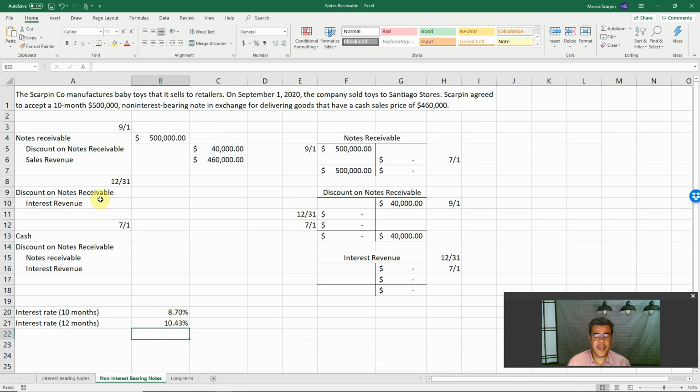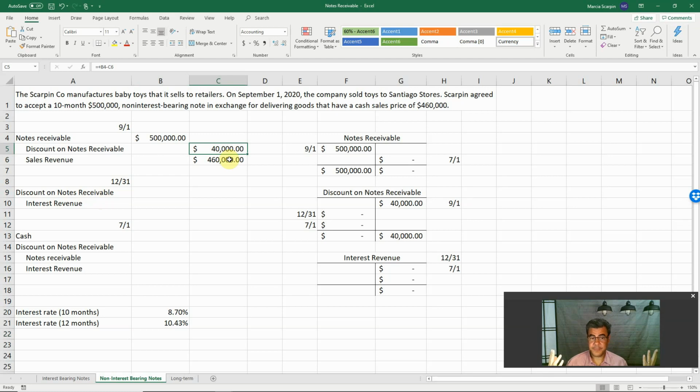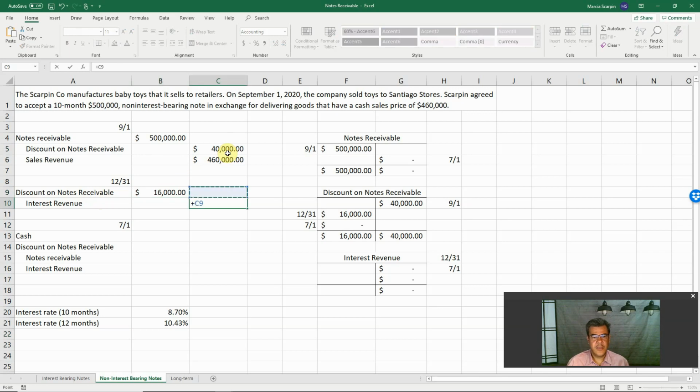And the same here, December 31st, we have our interest revenue for the month. So we have this discount here for 10 months. How much is for 4? Discount divided by 10 times 4. Much easier than the interest bearing notes. 16, interest revenue, 16.